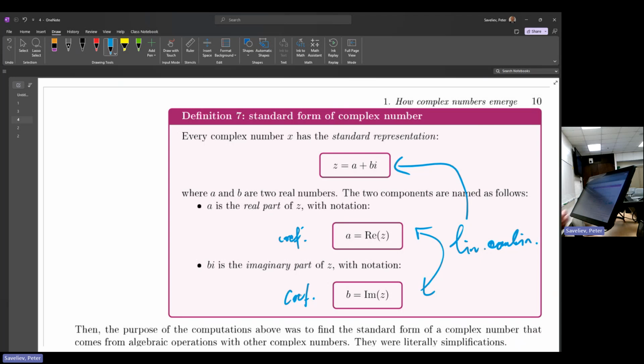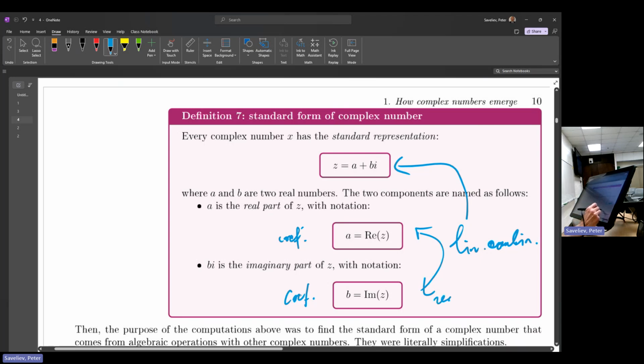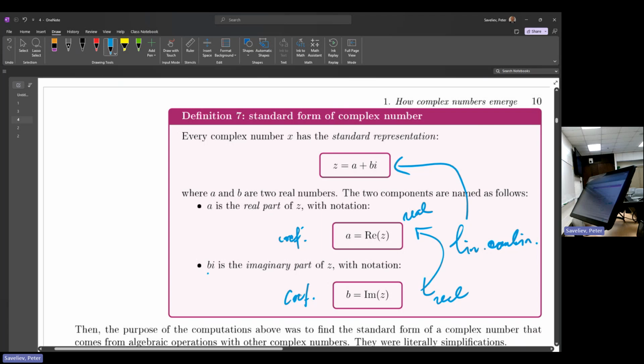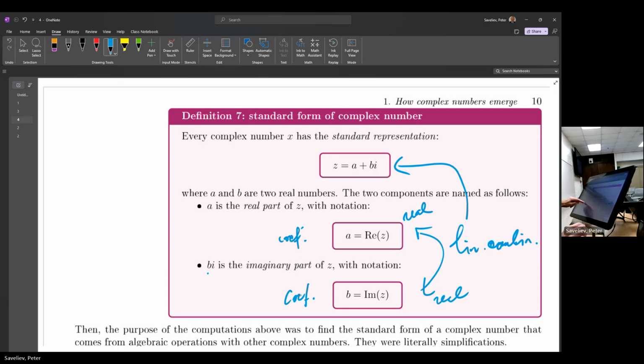So b is also a real number. To be clear, b is real, and a is real too. The imaginary part is actually, I'm sorry, the imaginary part is imaginary, but the coefficient itself, b, is real. That's what the imaginary number is: i multiplied by a real number.